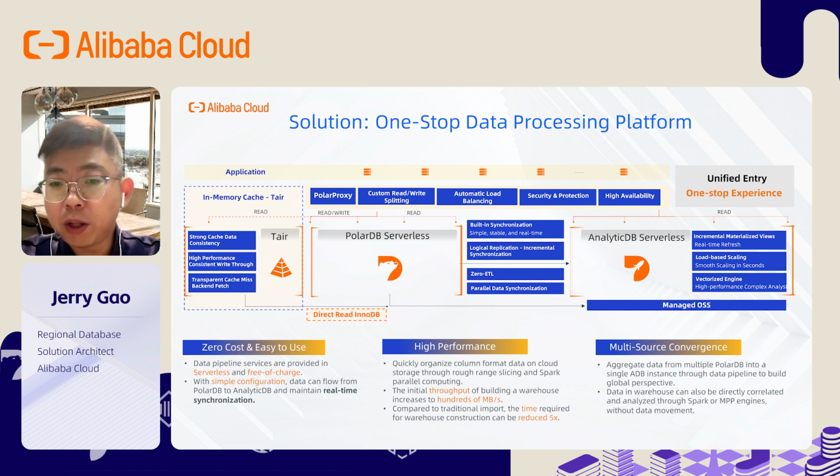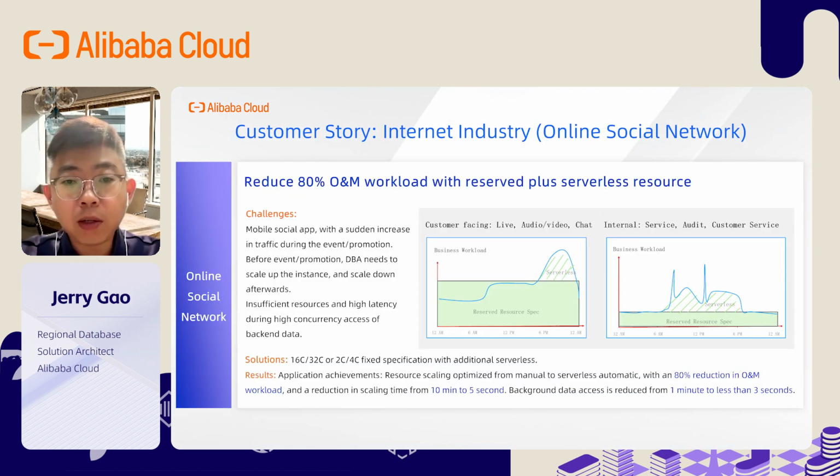If you use zero ETL, you don't need to pay for the data pipeline from PolarDB to AnalyticDB. And for the data processing in the data lake, you don't need to reserve resources for your data processing jobs.